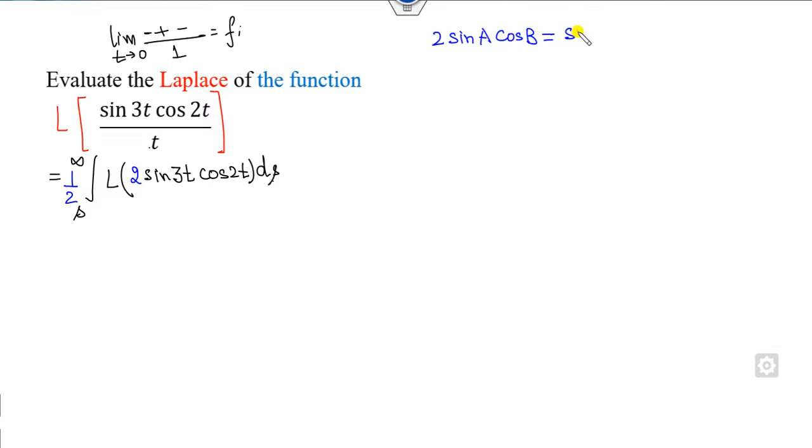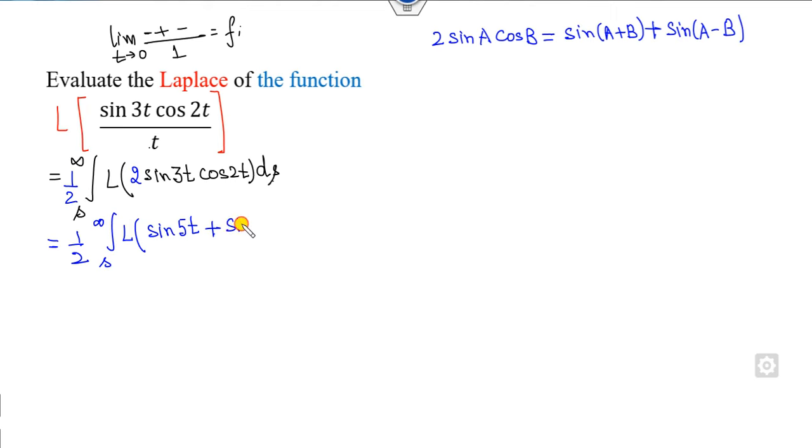It is sine of A plus B plus sine of A minus B. So I can apply this formula here. Half, from s to infinity, Laplace of sine 5t plus sine of A minus B, which is sine t.